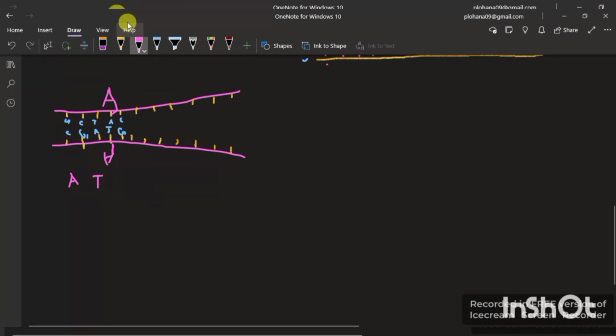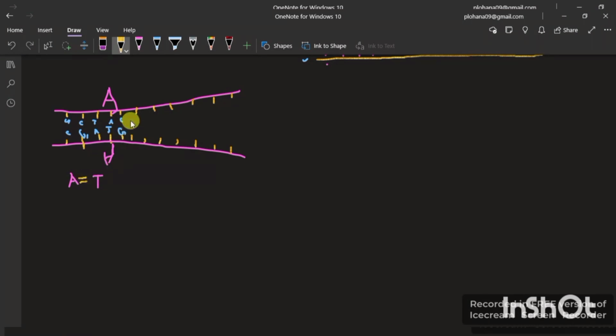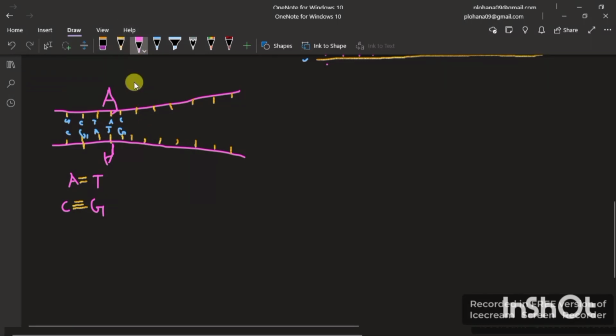We have double bonds between adenine and thymine, while between cytosine and guanine we have triple bonds. So a double bond can be broken easily compared to cytosine and guanine, because they have a triple bond. So the DNA A enzyme will come and start breaking the bond between A and T.